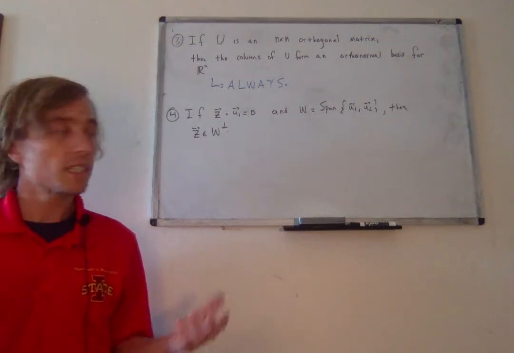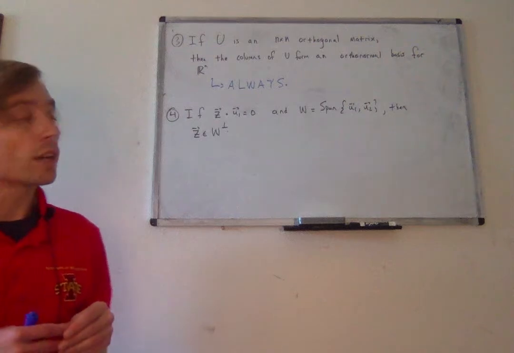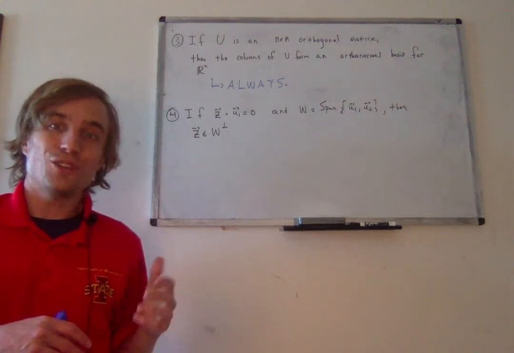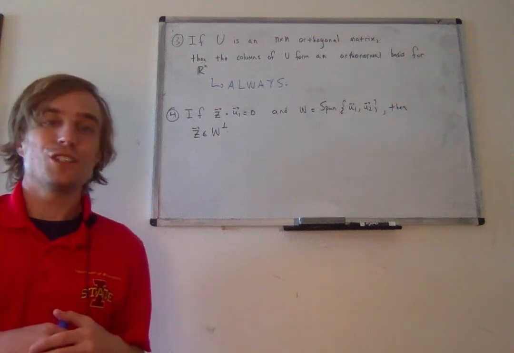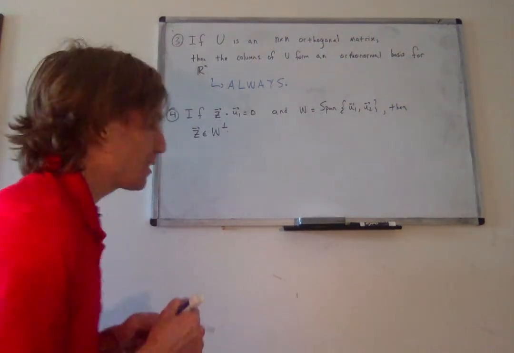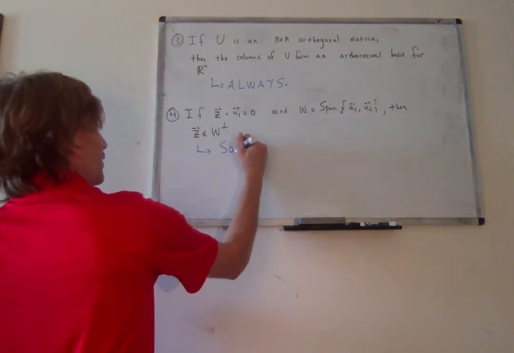And so that statement proves that the columns of U would form an orthonormal basis for Rn. This other one, kind of funny, I chose it because I wanted a sometimes true question to be on there, unknowing that I had accidentally put a sometimes true question on there. And so I've already given away the answer for this one now.